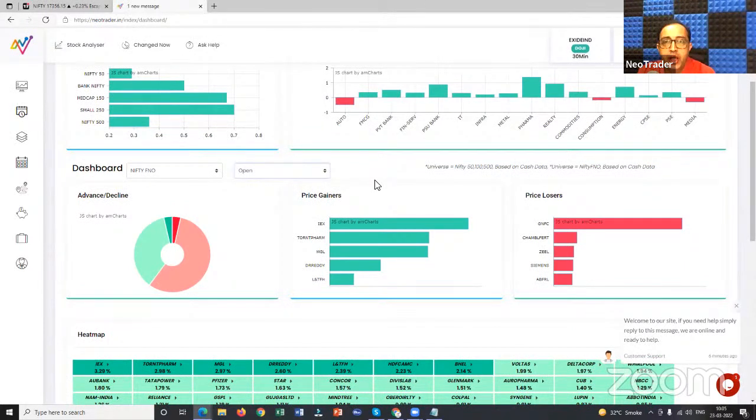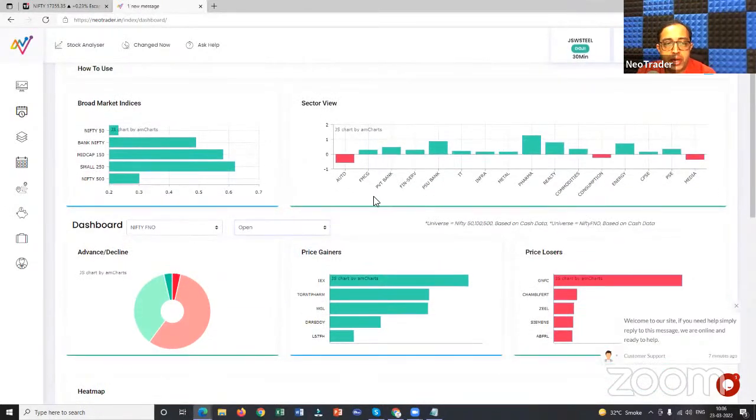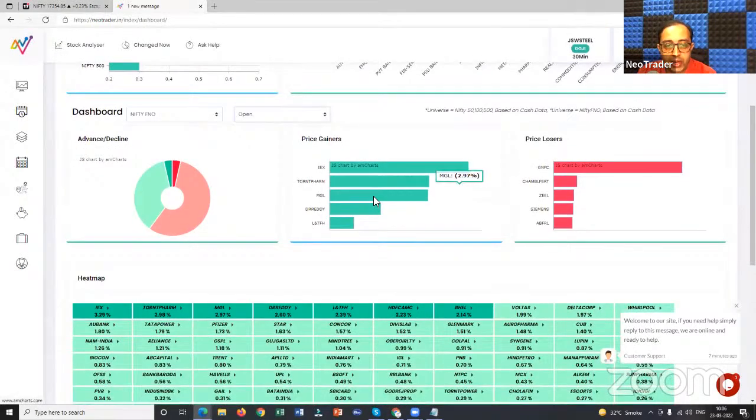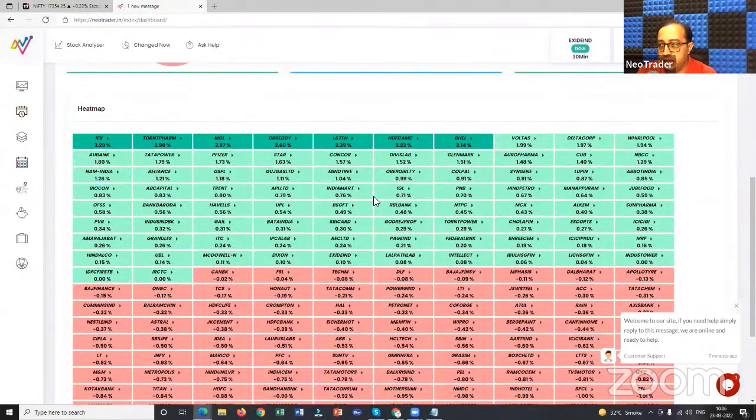It gives you a very good idea about how the market is set up and positioned, so that we can participate accordingly. You can see here that post the market open, we are looking at a very tentative phase.